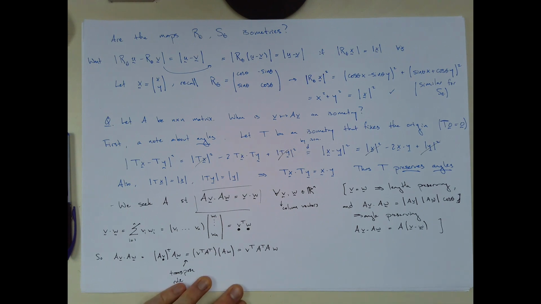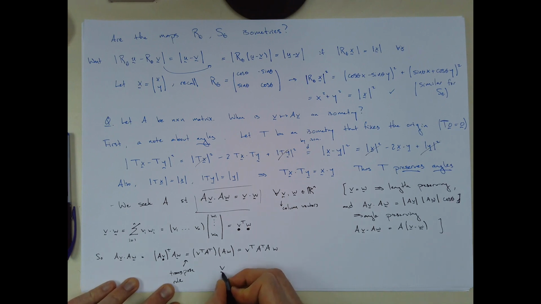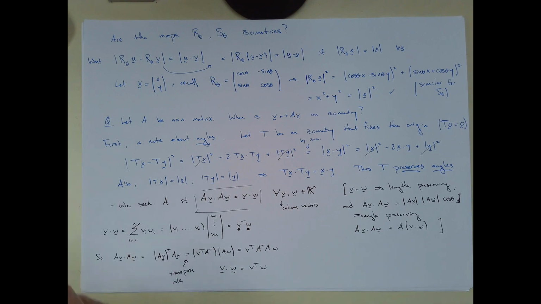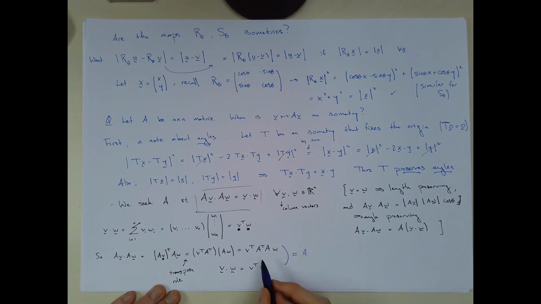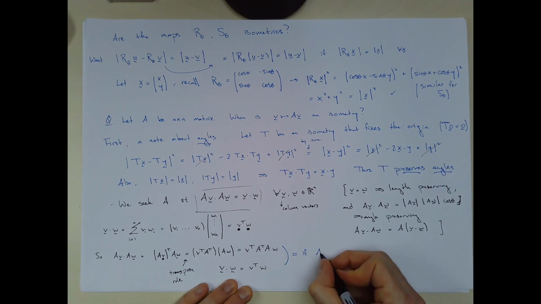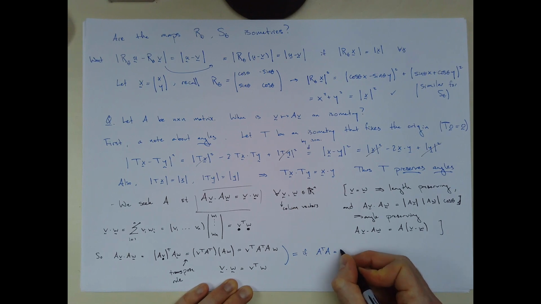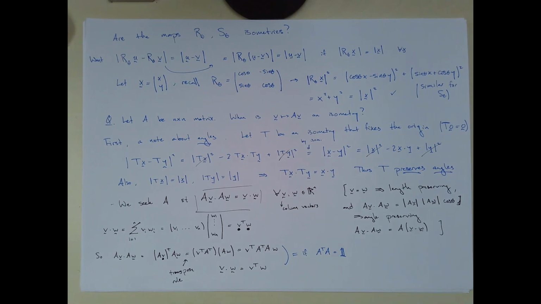and that equals, well, let's do the other side: V dot W we just said is V transpose W, and so these are equal if A transpose A is identity.